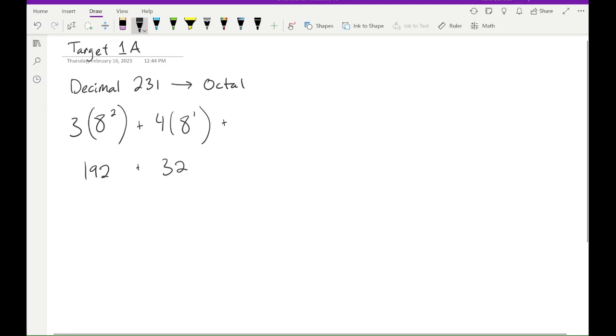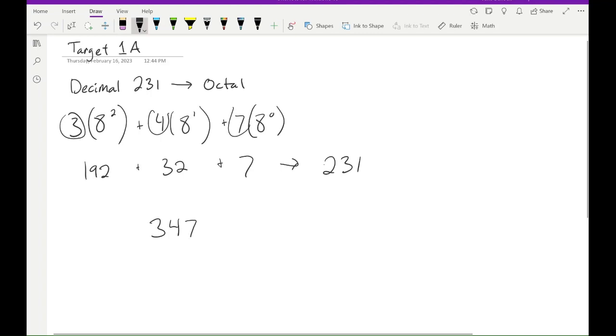And then at that point, we just have 7 left that we need. We have 8 to the power of 0, 7 of those. So 192 plus 32 plus 7 should equal 231. We just take these numbers, and our answer is 347 at base 8.